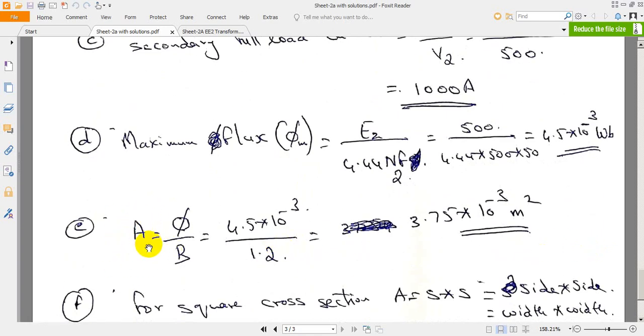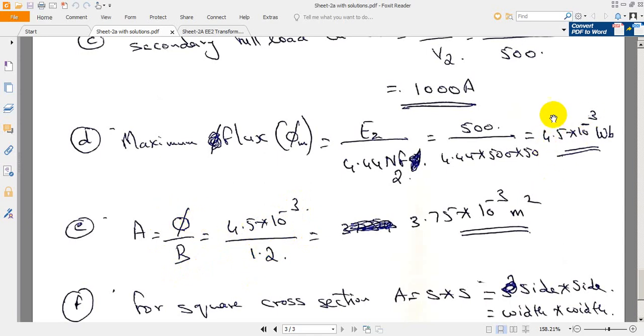The next parameter is the cross sectional area. We have a relationship between flux and flux density: flux density is equal to flux per unit area. From this relationship, cross sectional area is equal to flux by B, which is 4.5 into 10 to the power of minus 3 divided by 1.2.